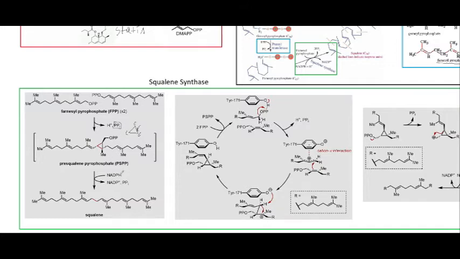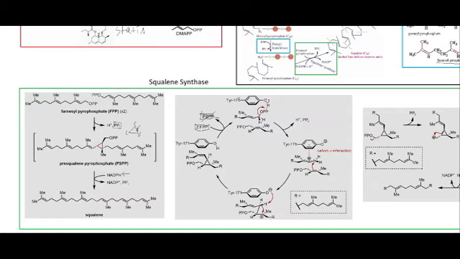And then once again we come in with an NADPH to reduce this. Over here it's showing this in a little more detail. So here we have two farnesyl pyrophosphates coming in. This actually shows the pre-squalene pyrophosphate as coming off, but that shouldn't be there because this happens all in the same enzyme here.